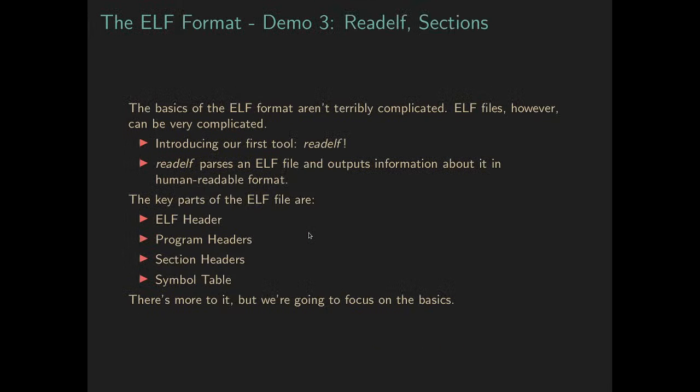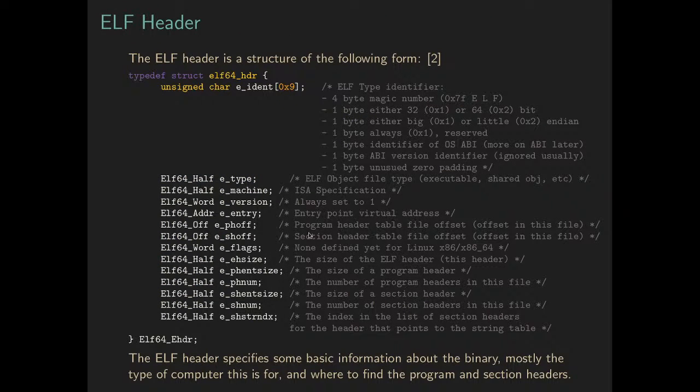Okay. Now we talked about the ELF header. I mentioned earlier it has a lot of information. Generally, what you want to know is that it tells where to find the program and section headers, and it tells you information about what the ELF binary does or is.